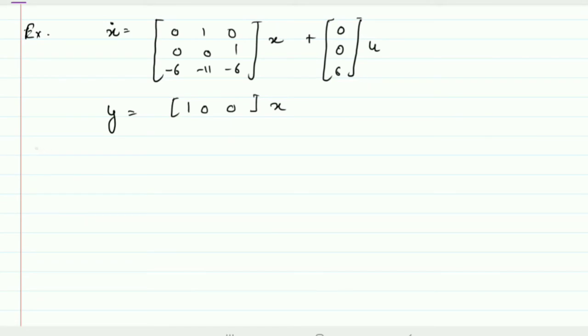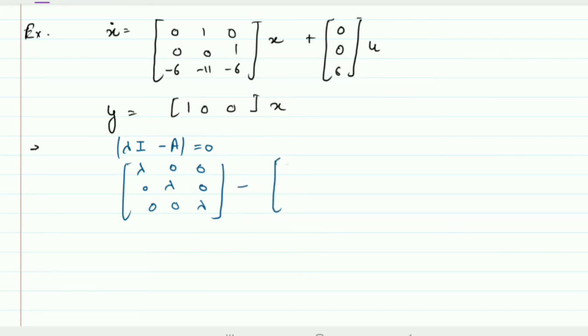So for doing this, we first have to find the eigenvalues of the system to make the P matrix in diagonal form. The eigenvalues can be found using the determinant of lambda I minus A equals 0. We have lambda 0 0, 0 lambda 0, 0 0 lambda, minus A, which is 0 1 0, 0 0 1, -6 -11 -6.